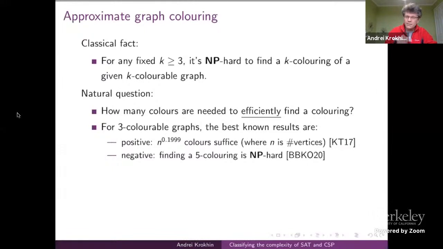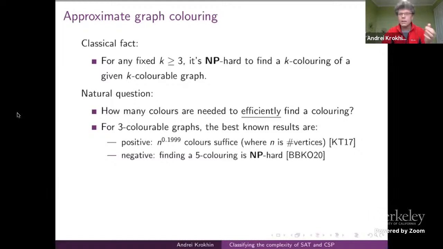The best negative result that we have is that finding a 5-coloring for a 3-colorable graph is NP hard. The state of the art was that finding a 3-coloring was NP hard, from the 70s until roughly 2000, when it was improved to a 4-coloring by Khanna, Linial, and Safra.